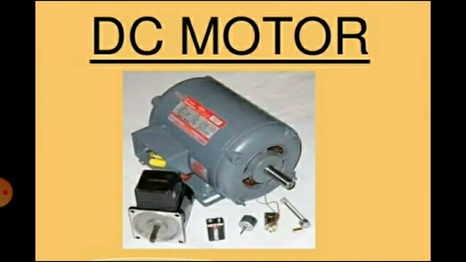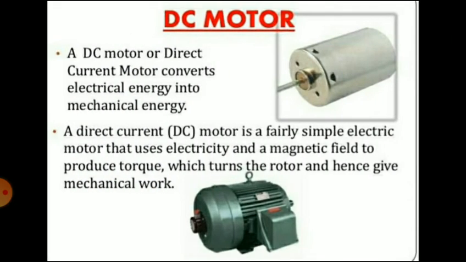So first we will see what DC motors are. When a machine converts electrical energy into mechanical energy, it is called a motor. A DC motor, or direct current motor, converts electrical energy into mechanical energy.